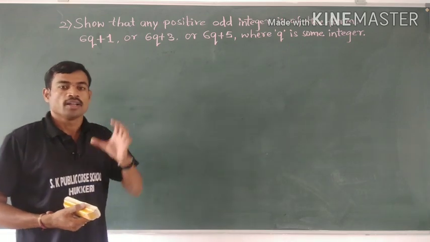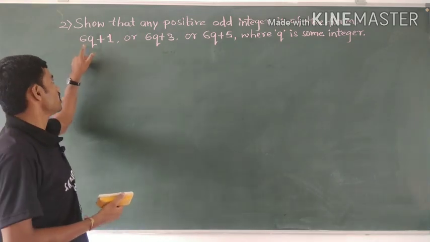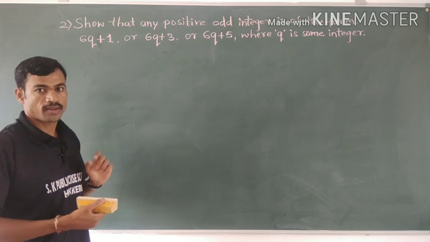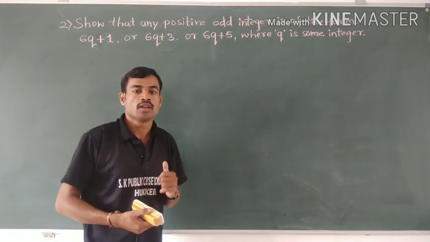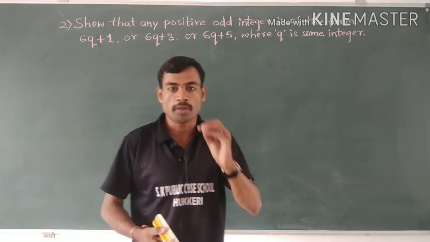When we divide that positive integer by 6, we obtain remainders.